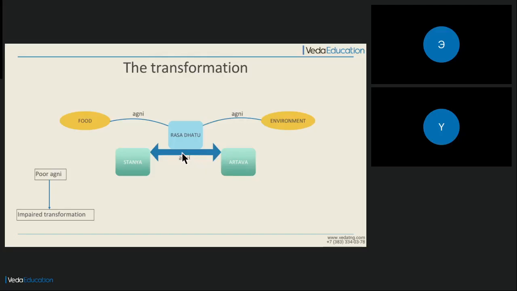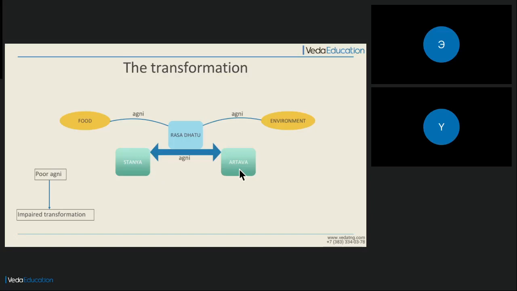If there is impairment of this Agni, or if the raw material, that is the Rasadhatu, is corrupt either qualitatively or quantitatively, then both could get affected, that is the Stanya and the Arthava. Stanya is only for a limited period of time, so most of it is going to Arthava.